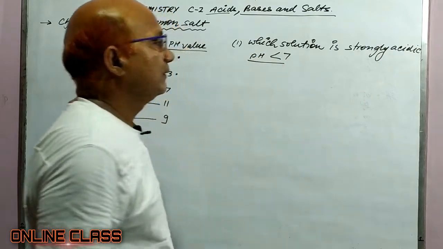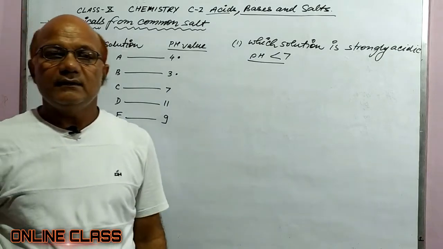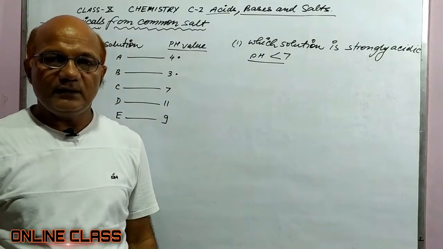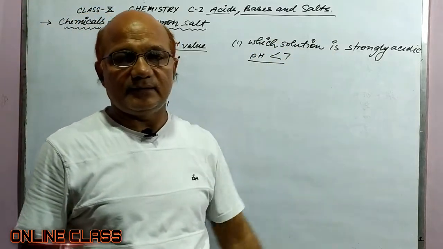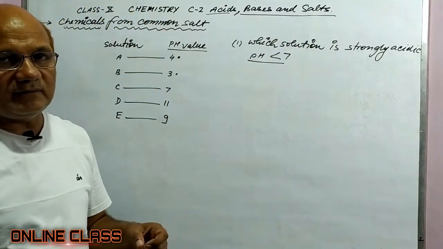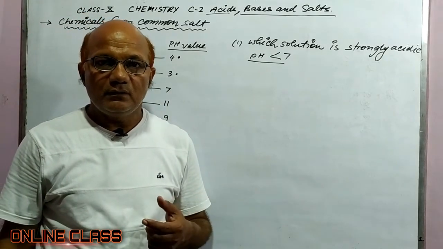Okay. So, it means these two solutions are actually acidic in nature. Okay. Now, you have to tell which solution is strongly acidic. So, strongly acidic means I had given you some clues.